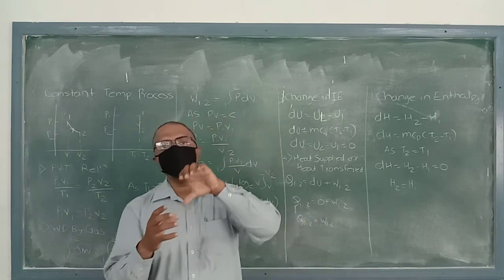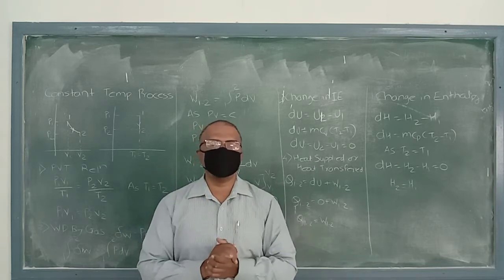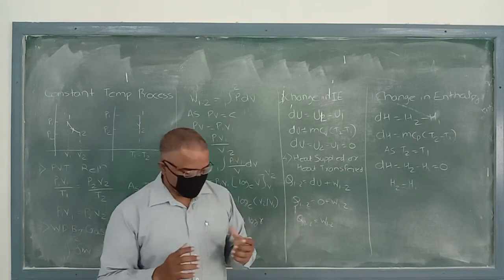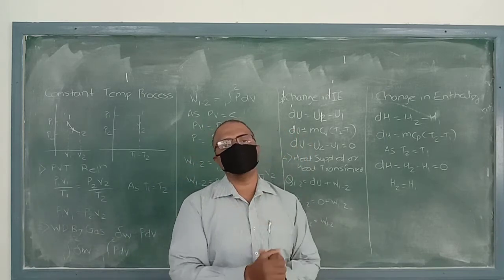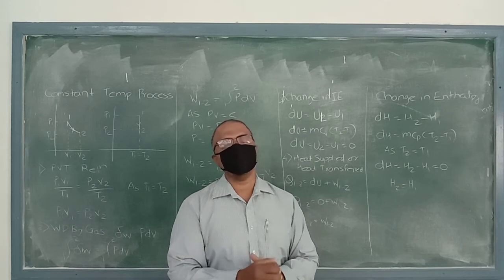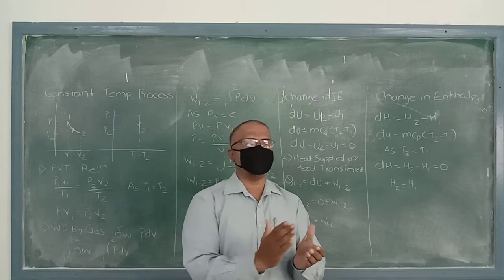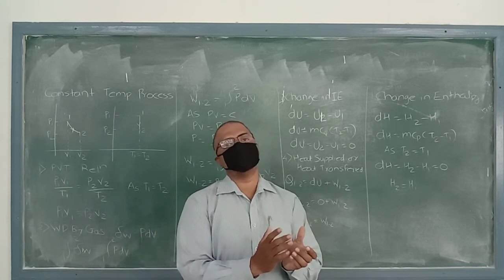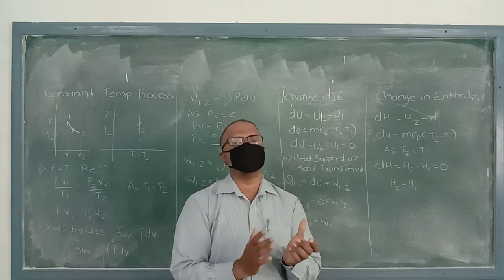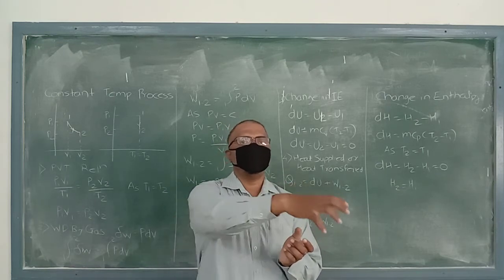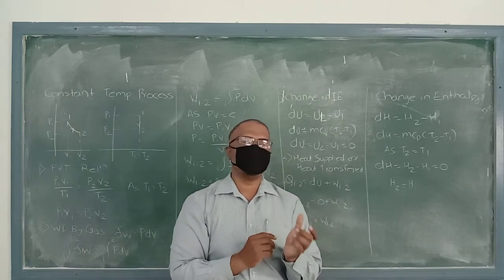Suppose we have taken a simple cylinder and piston arrangement whose walls are perfectly insulated, and we have to achieve the isothermal process. Due to the compression process there is heat generation. So to achieve this compression as an isothermal process, we have to place a cold body at the bottom of the cylinder.